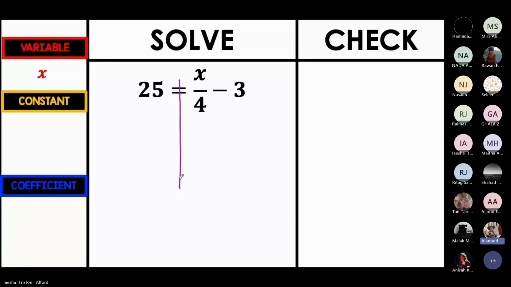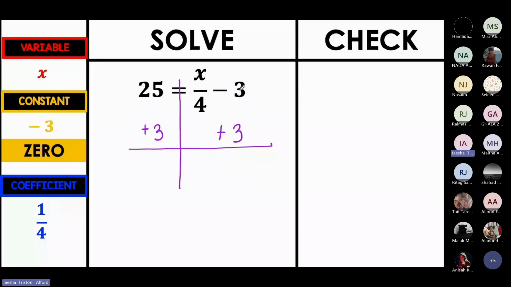Negative 3. What is your coefficient? Positive 1 over 4. Good. Same steps. The constant, we want to make it what number? 0. How? Add 3 to both sides.